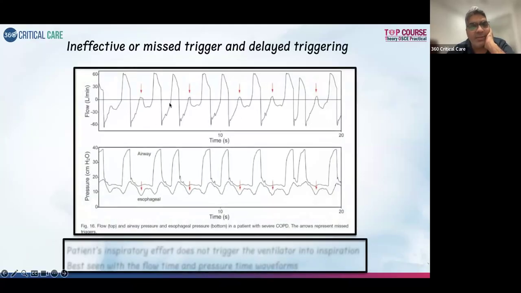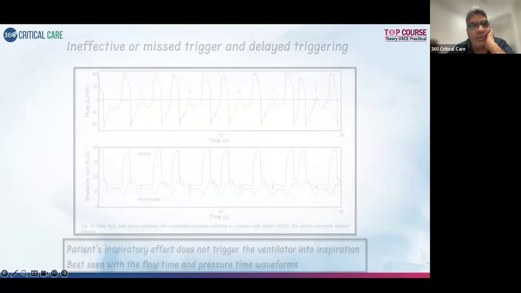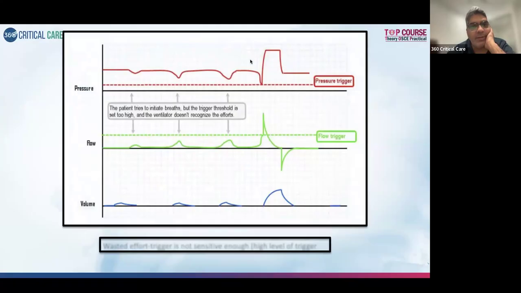So there are many causes of ineffective triggering. Again, similar, you can see ineffective triggering not followed by breath. It should be followed by a breath here, but it is not. Similar here, you can see there is a dip. The patient is making an effort, but it is not reaching the trigger which is set at -2 or something.